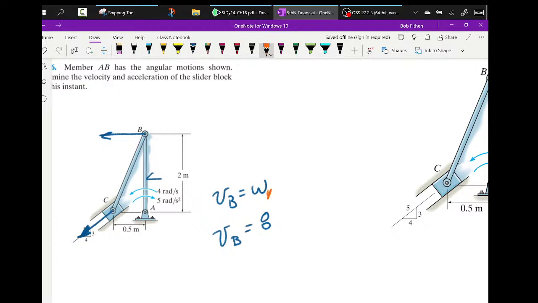Make it AB for the omega of that link. R from AB to the instant center, which in this case is the always center of rotation, point A. So that was 4 and this was 2.